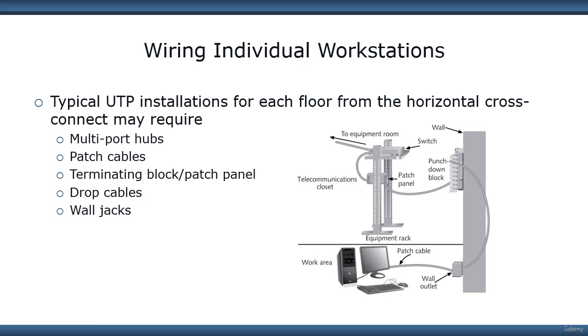Okay, so individual workstations are wired to a wall outlet, but behind the scenes, that wall outlet has to go back, be terminated at a punch down block, have a patch cable to connect it to the switch, and then the switches are connected out through the cross connects and DMARC and whatnot to get outside of the network.